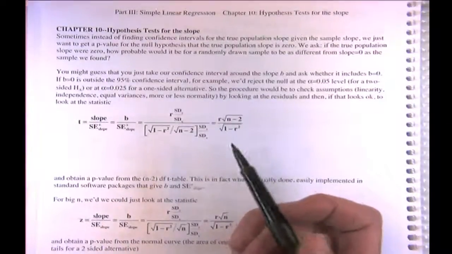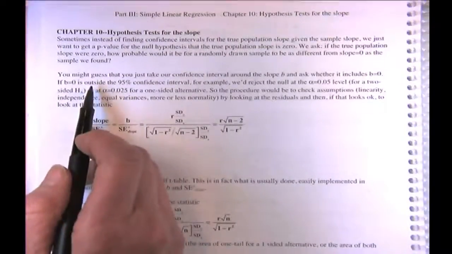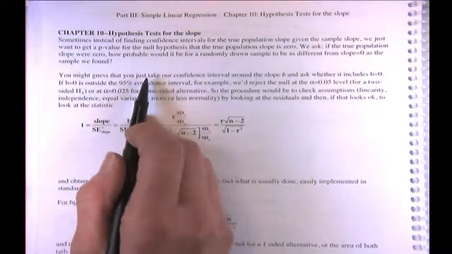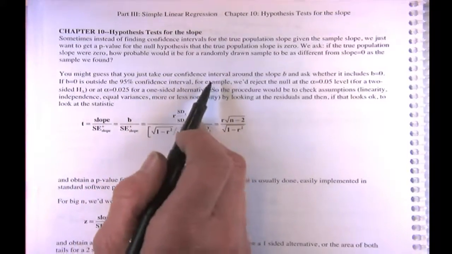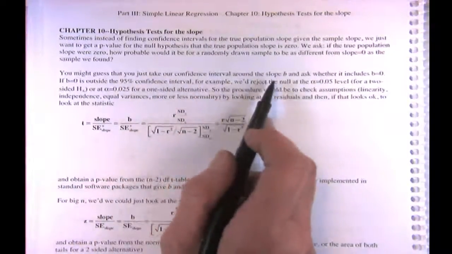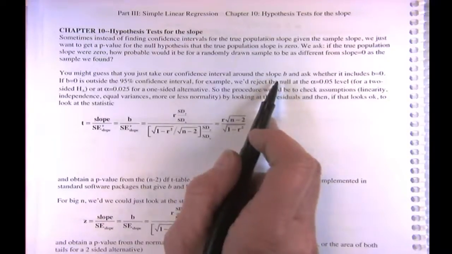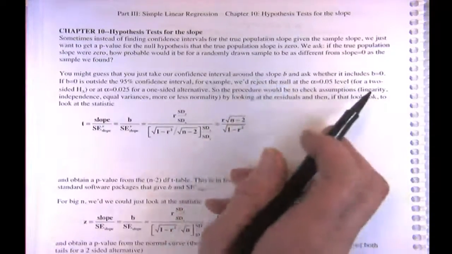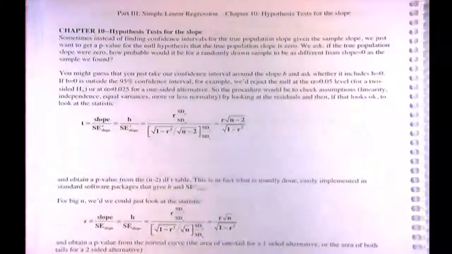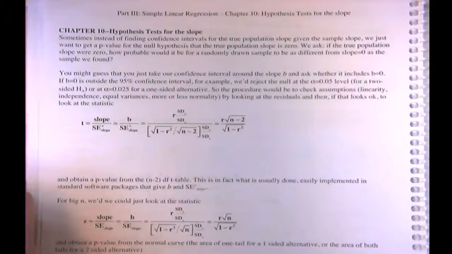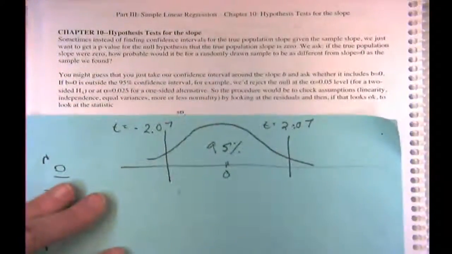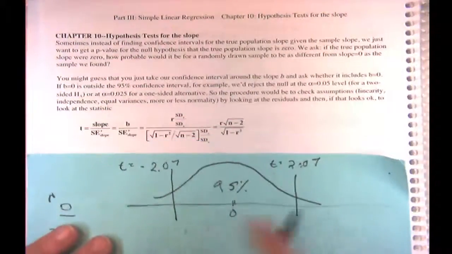And you'd probably see the relationship between the two of them right away. You probably would guess that you would just take the confidence interval around the slope and ask whether it includes 0. Where's our confidence interval that we just did? Is it this one right here? A confidence interval around the slope.